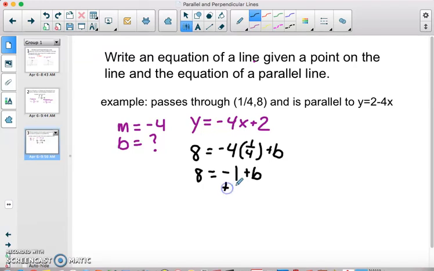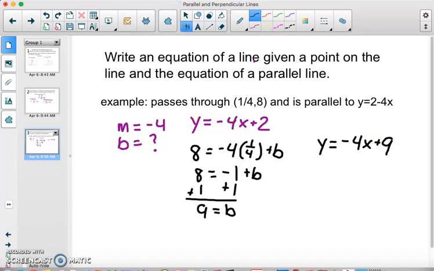To get b by itself, we're going to add 1 to both sides. So 9 equals b. So now we know our y-intercept is 9, and we can write our final equation of a line, y equals negative 4x plus 9.